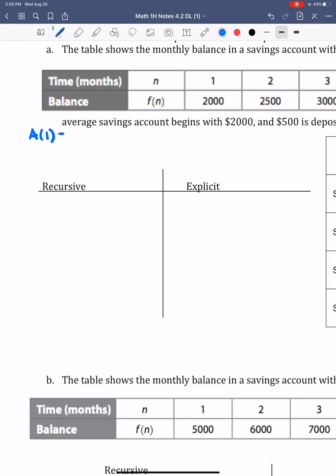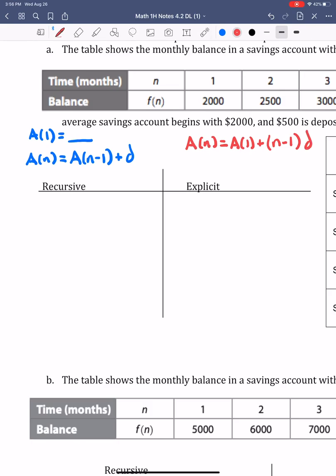A1 equals, we've got to fill that piece in, and then it says AN equals A n minus 1 plus D. And the explicit rule, which is a different version of this, is AN equals A1 plus n minus 1 times D.